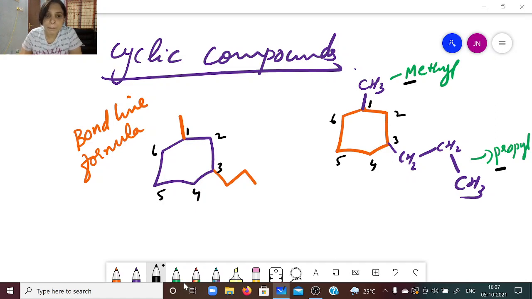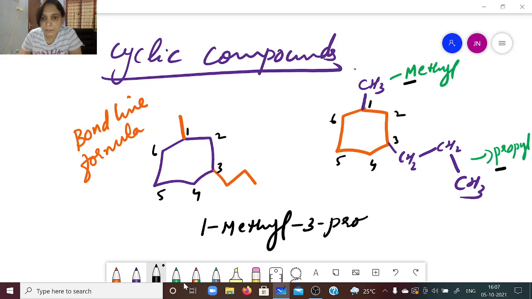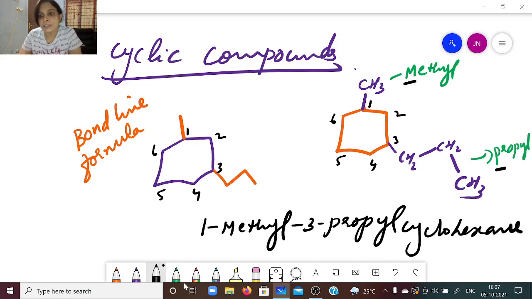Number 1 carbon methyl group, so we can write 1 methyl. Now on the third carbon propyl group, 3 propyl. And because it's a hexagon, it is cyclohexane. So this is the name of this particular compound. So this is one rule. According to the alphabetic order, we can give number to the branches.